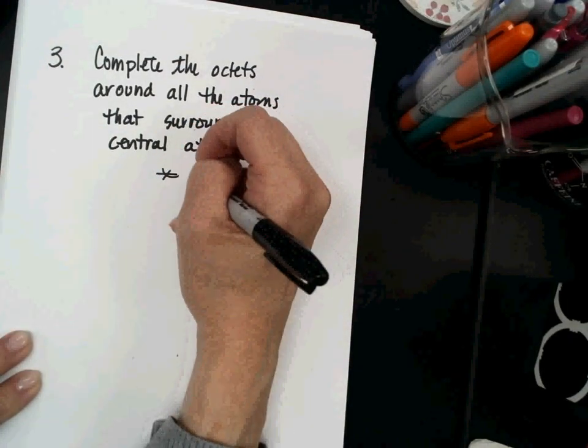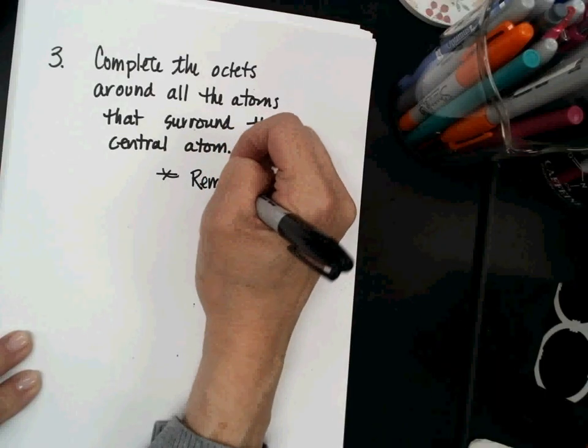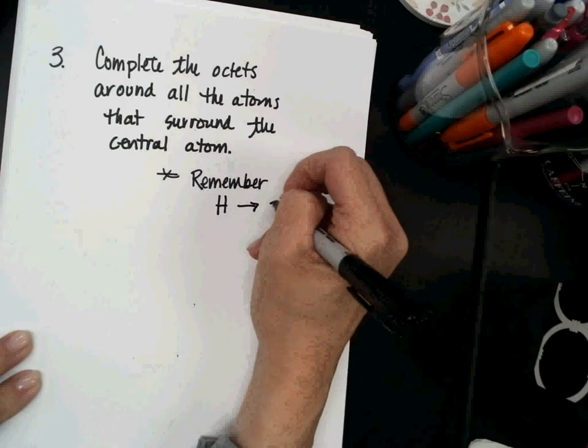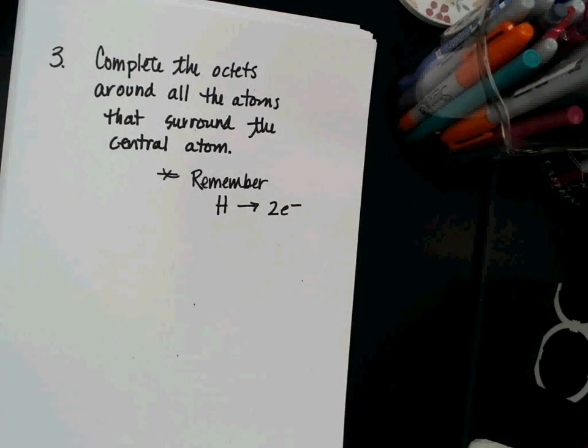One thing you need to remember here, which I think you will, but remember about hydrogen. It only wants 2 electrons, so don't give hydrogen an octet. It's only going to have a pair of electrons either shared or around it.